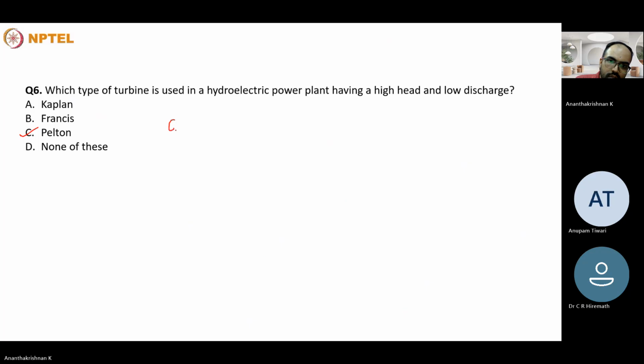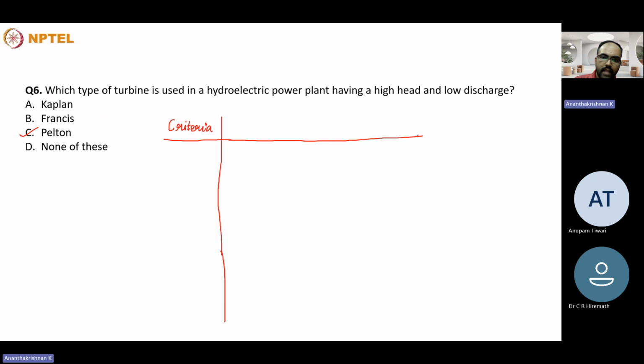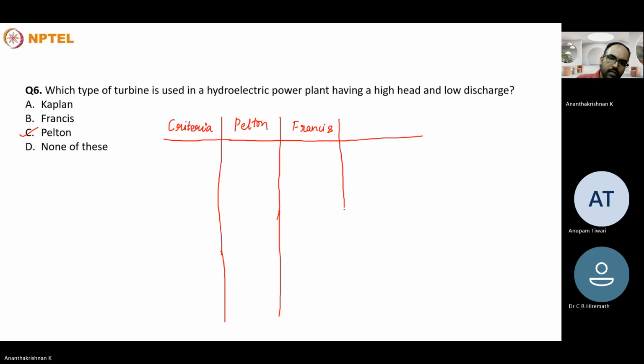Criteria for classification, and the three turbines available: Pelton, Francis, and Kaplan.